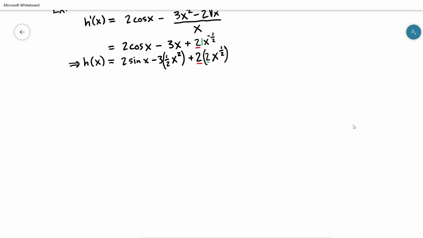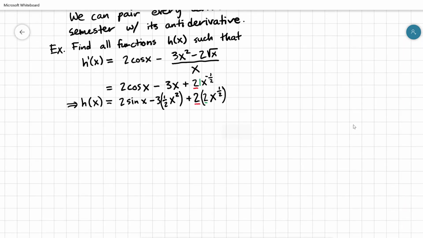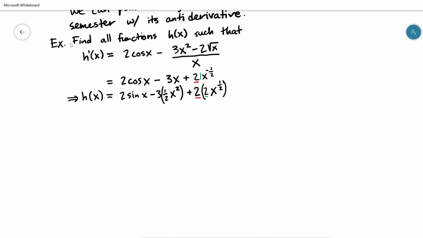Okay, and now it's just a matter of remembering that we're looking for, so we can see the whole thing, we want to find all the functions. So essentially we're asking for the most general solution, so I can't forget my plus c. And then after that, all we need to do is simplify. So simplifying, that first term is unchanged, 2 sine of x, can't get simpler than that.